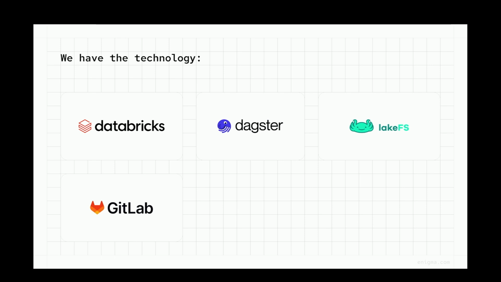Dagster is a workflow orchestration tool that we really love. One of the things is that their cloud offering includes native branching.